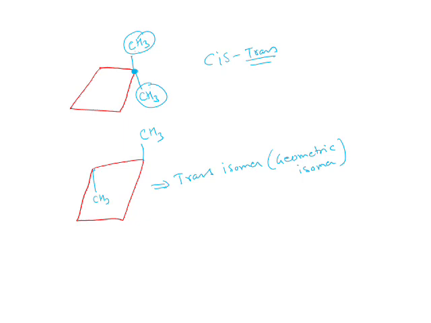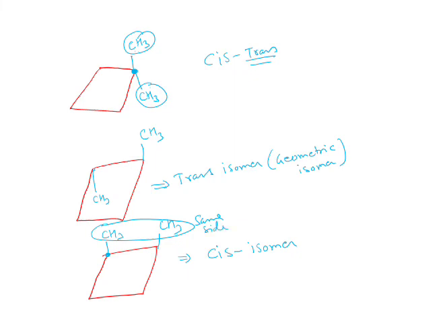If you have the same structure but one CH3 is over here and the second substituent is on the second carbon, on the same side, then this is a cis isomer, right?